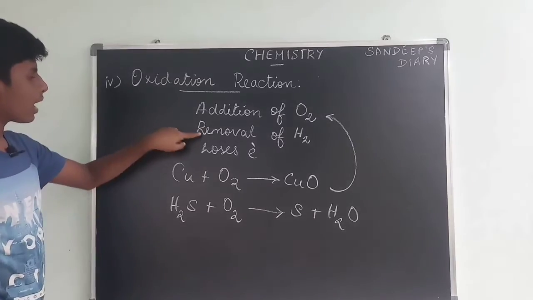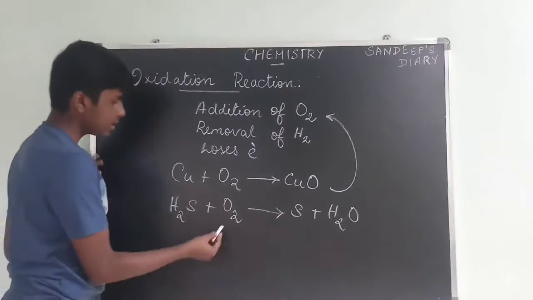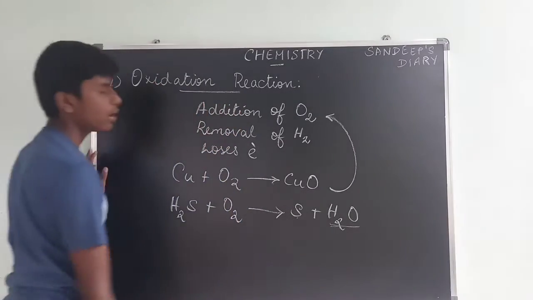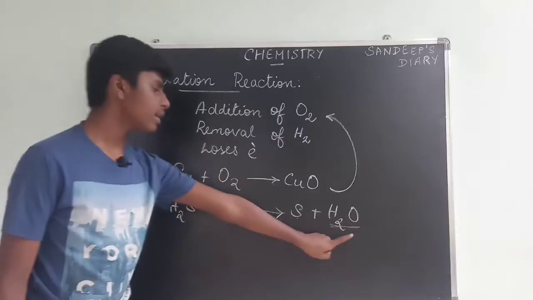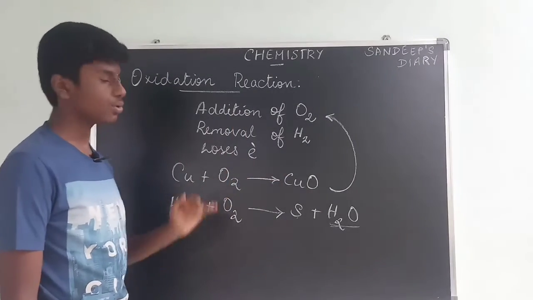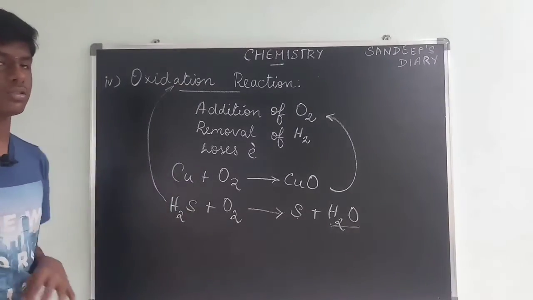Now the hydrogen is being removed from the substance. You can see sulfur is being released and it formed water separately. So this equation satisfies the second condition. So this is also known as the oxidation reaction.